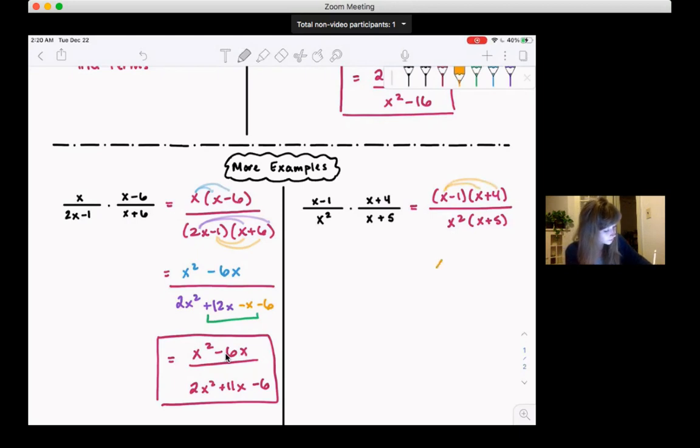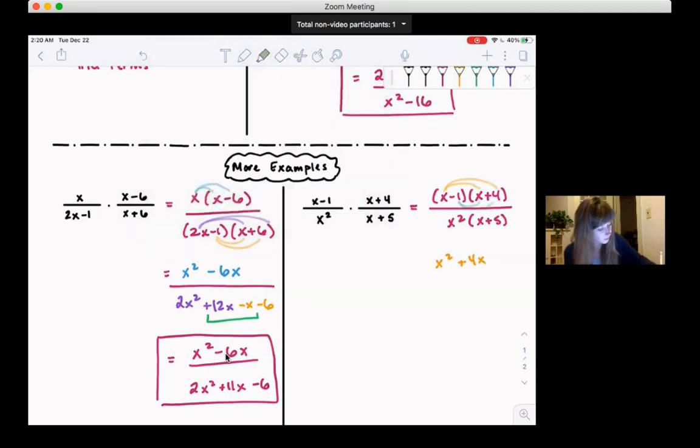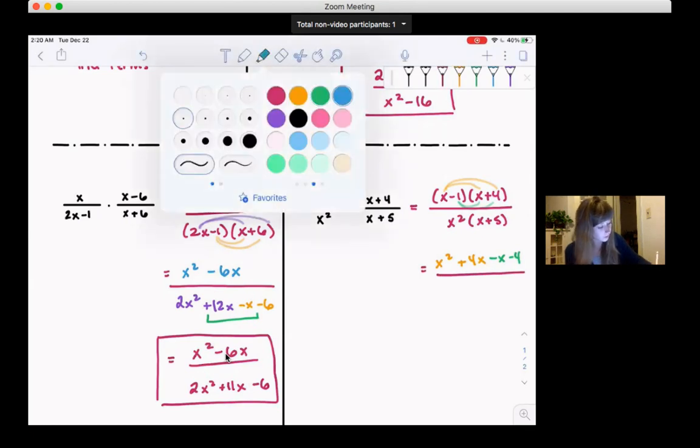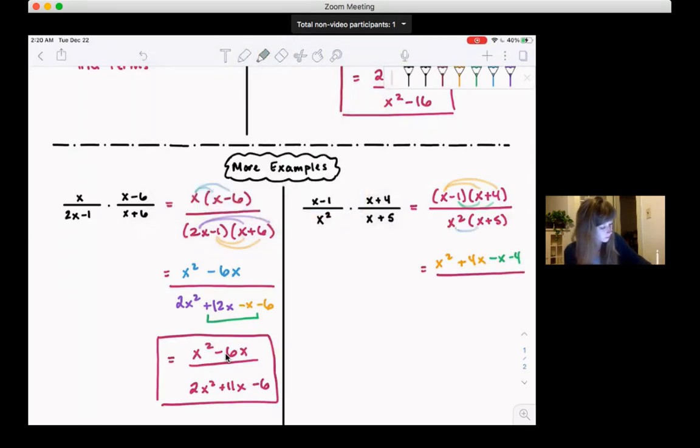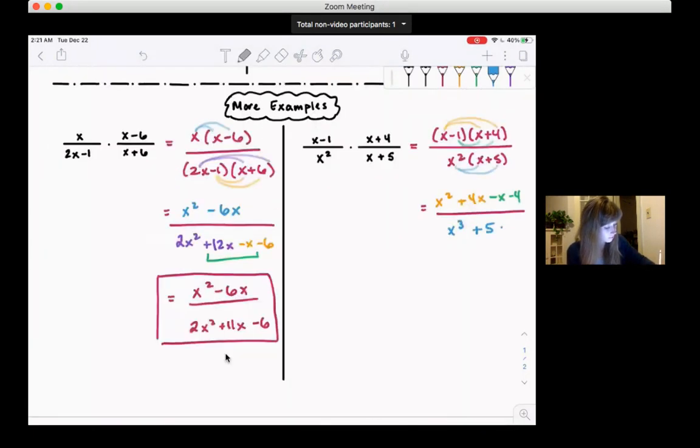So that gives us x squared plus 4x. And we will distribute the minus 1. So that gives us minus x minus 4. And then in the denominator, we need to distribute x squared. So x squared times x is x to the third, and then x squared times 5 is plus 5x squared.